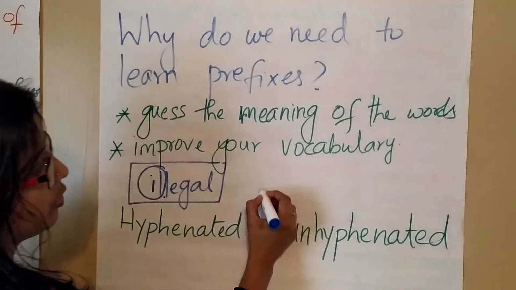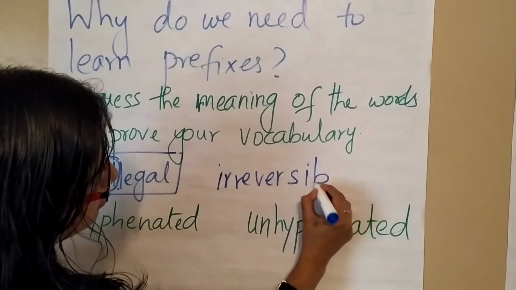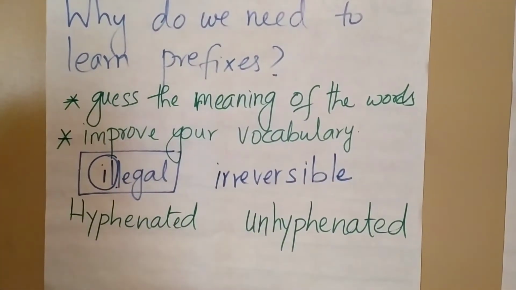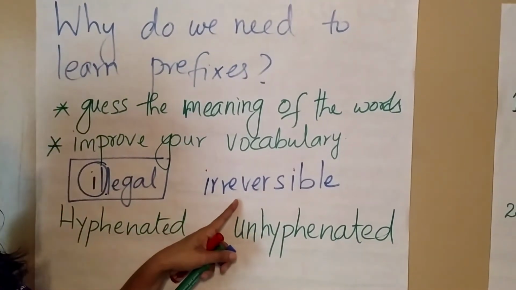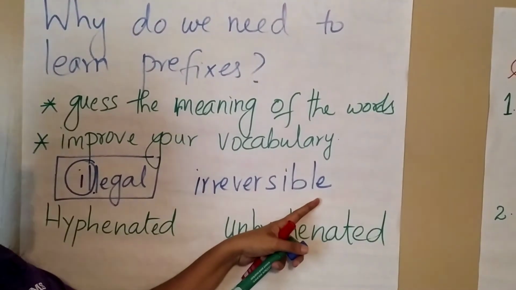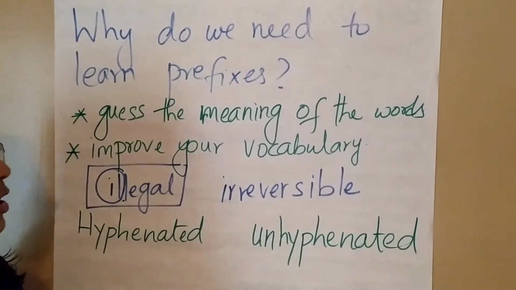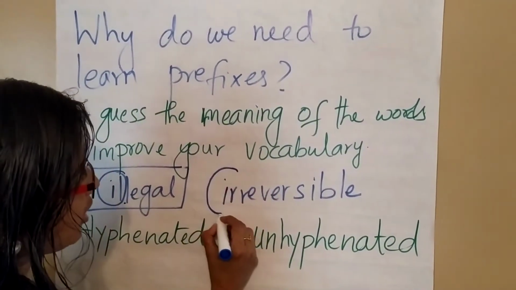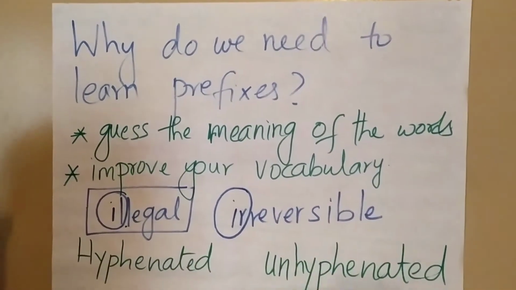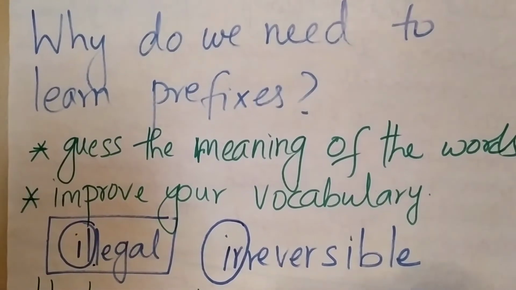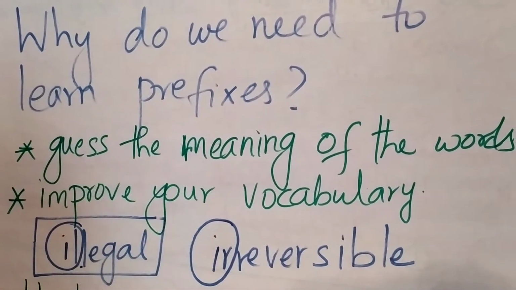Now, irreversible. Now look at this word. Oh, it looks big. When you know the meaning of the word reversible, something which is possible to reverse, and if you can identify the prefix here, that it is ir, and ir means which cannot be, you will be able to understand that irreversible means it cannot be reversed.